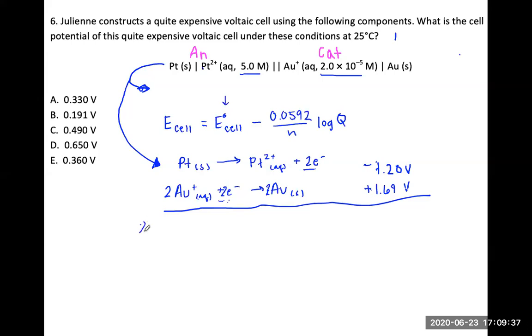So when I do that, my electrons cancel, as I mentioned, and I'll have my 2 gold ions reacting with my 1 Pt solid to make 2 solid golds and our platinum ions.